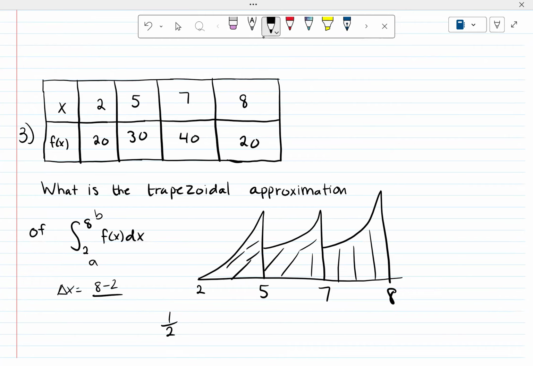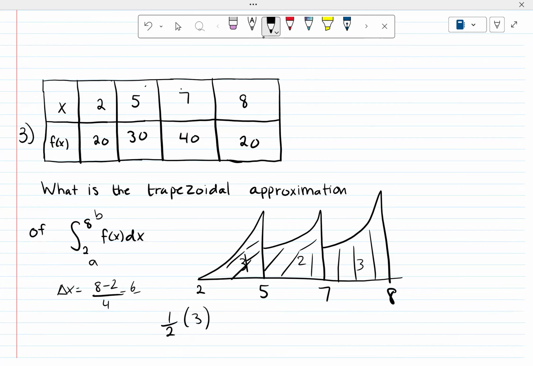And then how many intervals do we have? One, two, three, four. Equals 6. Oh, and we have 3 subintervals. So one, two, three. So it's going to be 1/2 times 3.